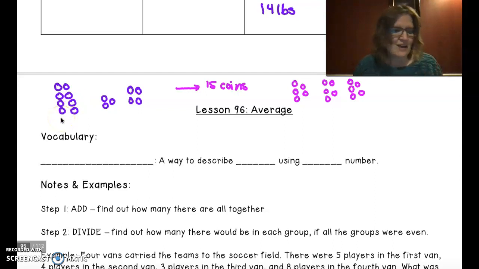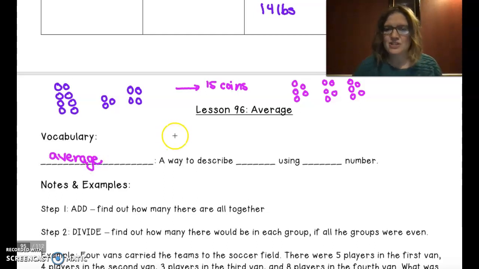We're talking about average today, and before we begin, let's take care of the vocabulary for this lesson. The word average. We've all heard, like, I'm just average, or this is the average test score, or his batting average was this.